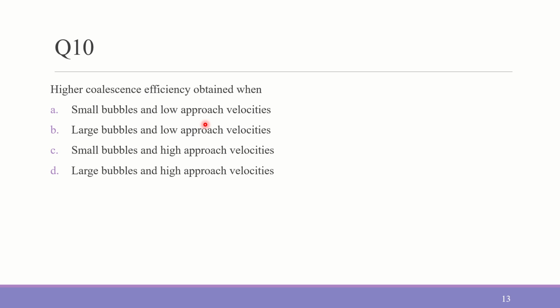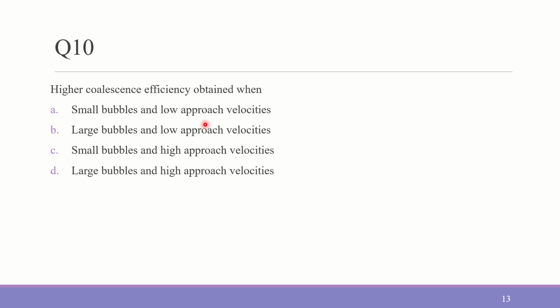So higher coalescence efficiency is obtained when dash. It is basically option A, small bubbles and low approach velocities.